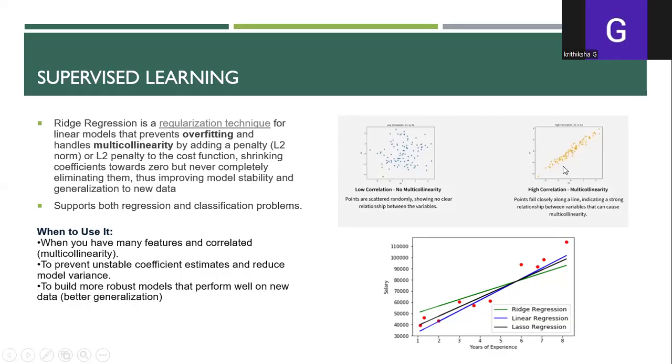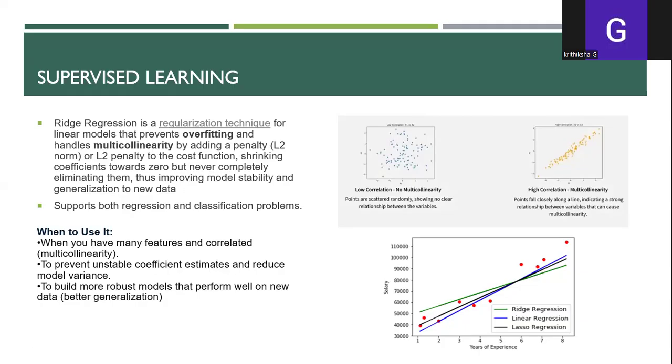But in the second image, the points are very close and forming some patterns. We can say the relationship between the variables or the features is close, and we have a strong relationship between them. In this case, there is high correlation, so we can say it is multicollinearity.